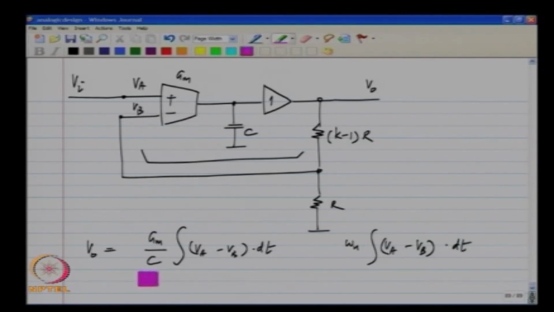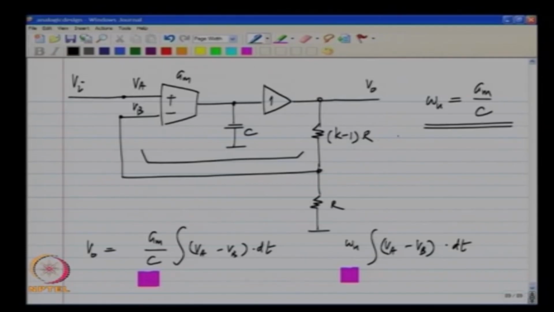Now, if you just match the terms, you will immediately see that the unity gain frequency of the integrator omega u is Gm, the value of the transconductance that you use, divided by C, the value of the integrating capacitor that you use. Okay. So, omega u is Gm by C.